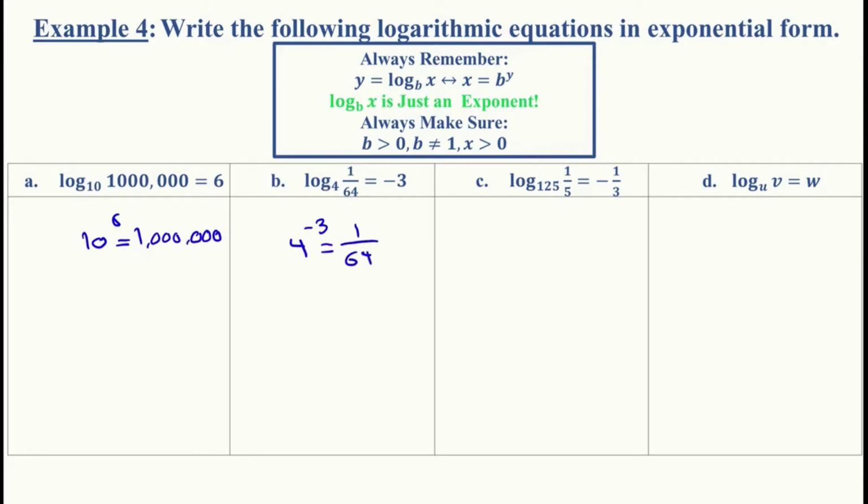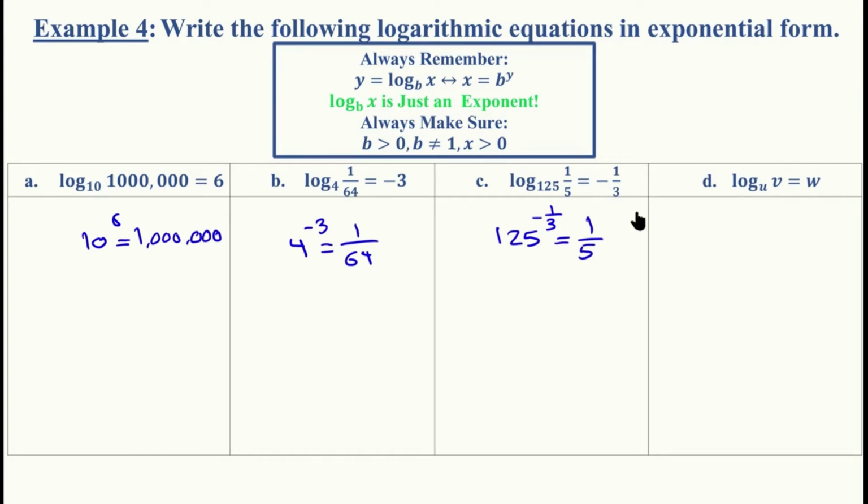It becomes really, really easy after a while if you practice it enough. All right, I hope you've definitely tried these before you've come to join me again. So here, of course, we're going to have 125 to the power of -1/3, which is the entire logarithm, which becomes the exponent. And on the other side, we're going to have the argument.